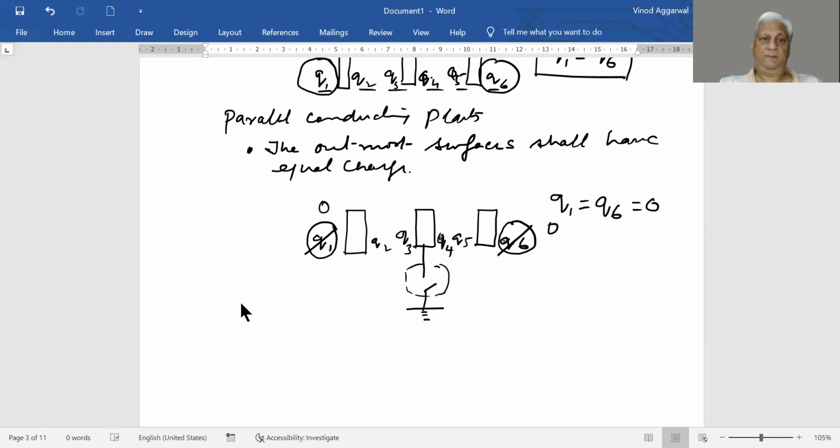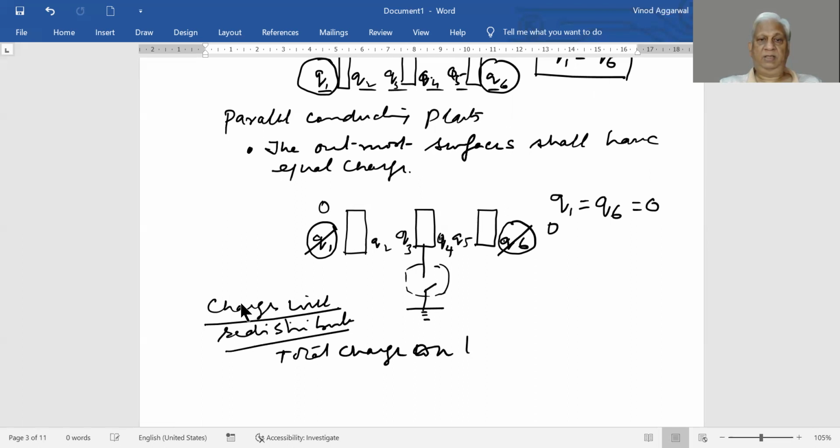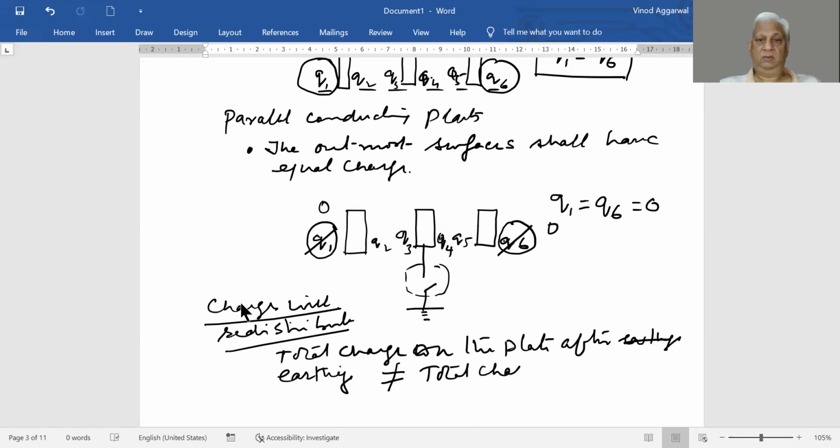and the charges will redistribute. Here, total charge on the plates after earthing will not be equal to total charge before earthing. Why is it so?